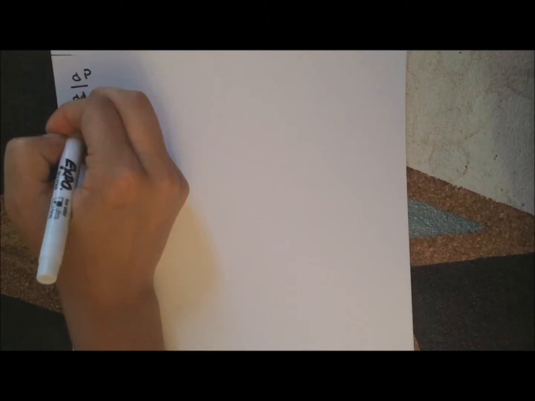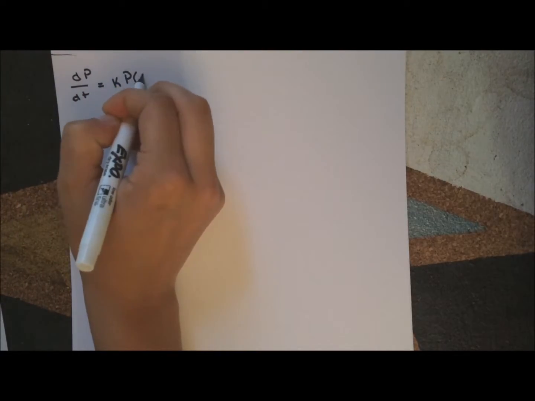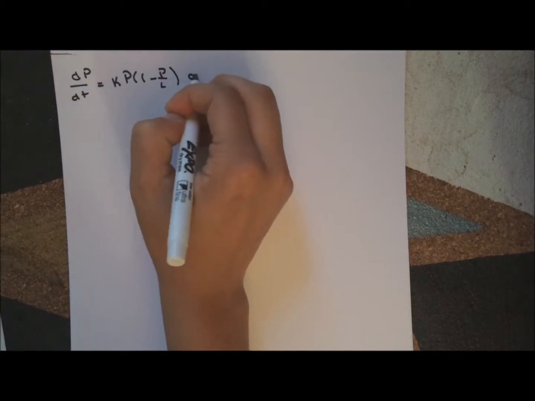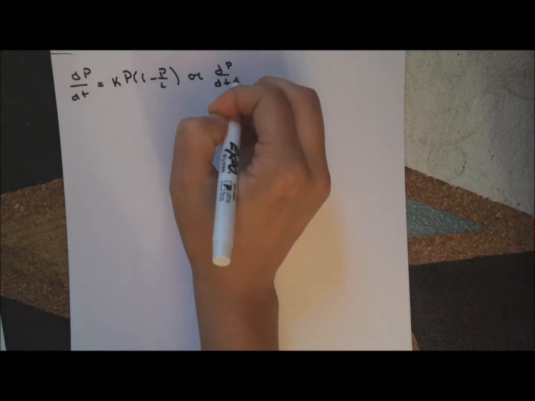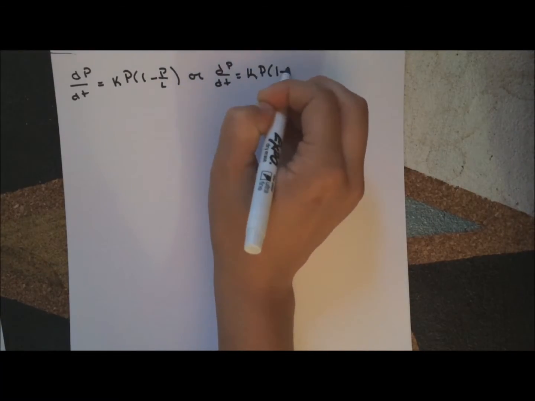So Alison. Let's start by reviewing the three forms of the equations. First, we have dP/dt = kP(1 - P/L), or dP/dt = (k/L)P(L - P).